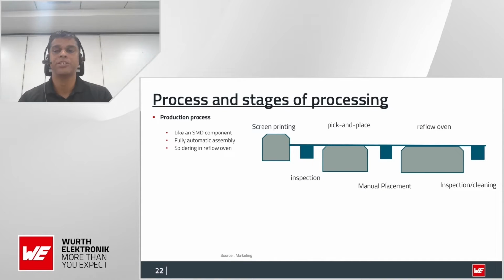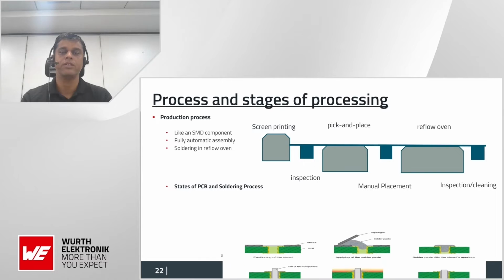And then cleaning: any residuals or flux that has fallen on the PCB will be removed by cleaning the PCBs. This is how the different processes happen in the reflow process.